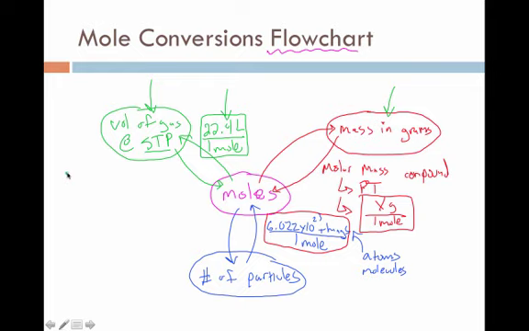Before we move on to actual problems, let's talk about this term STP. What it means is standard temperature and pressure. And what scientists have done is they've identified pressures that they consider the standard lab conditions. The standard pressure is in units of atmospheres, and it is 1 atmosphere.